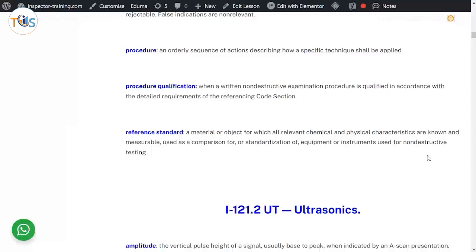Obviously, it refers to SNT-TC-1A for the qualification, and also it tells you, most importantly, the acceptance criteria. So the acceptance criteria is not in ASME Section 5. ASME Section 5 simply tells you how to do the non-destructive examination, but it doesn't tell you what the acceptance criteria are. It's always referred to the construction code or reference standard.